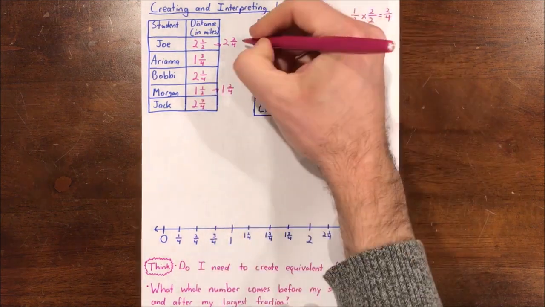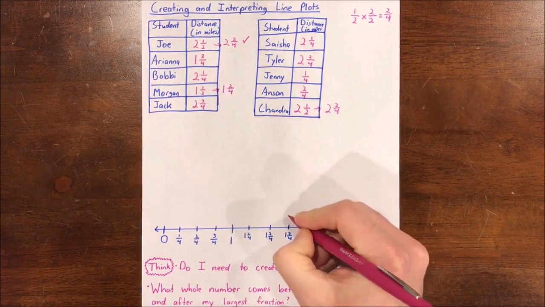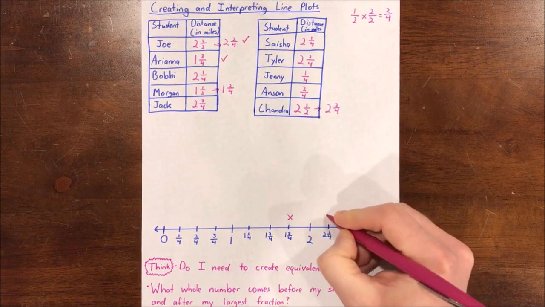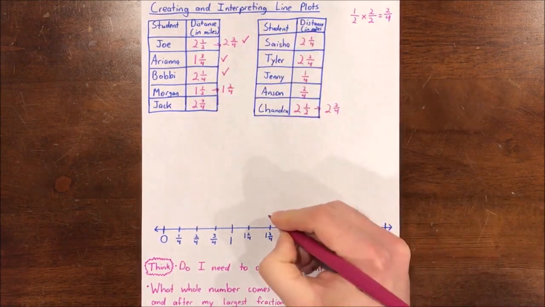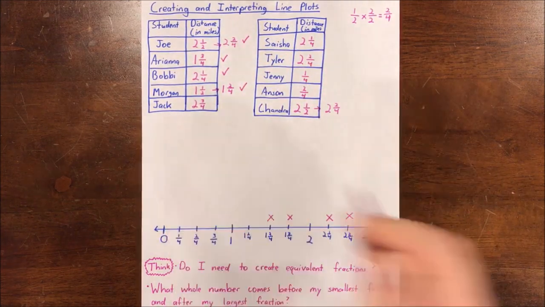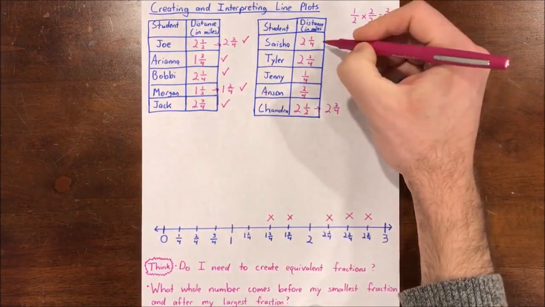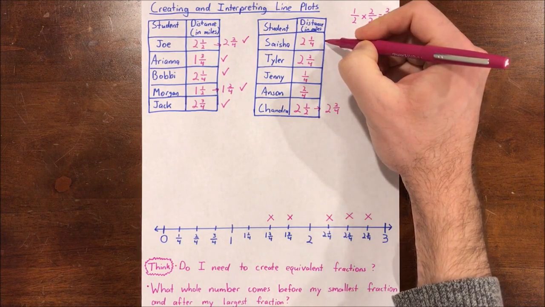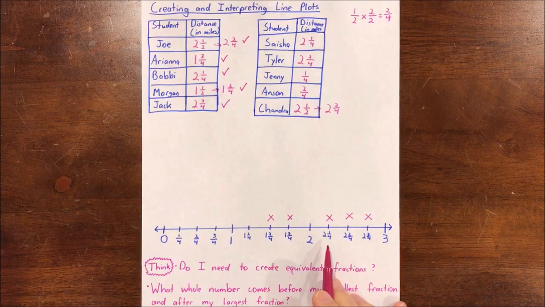Okay, let's continue to add our data points to our line plot. 2 2/4, that's done. 1 3/4, 2 1/4, 1 2/4, 2 3/4. Wait a minute, 2 1/4. I've already got an X over 2 1/4.